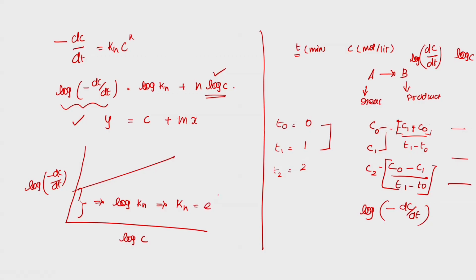So, this is nothing but the intercept. So, this slope is nothing but n, which is nothing but the order of reaction, right. So, we are familiar now with how to calculate the order of reaction and how to calculate the rate constant at a particular order, right.